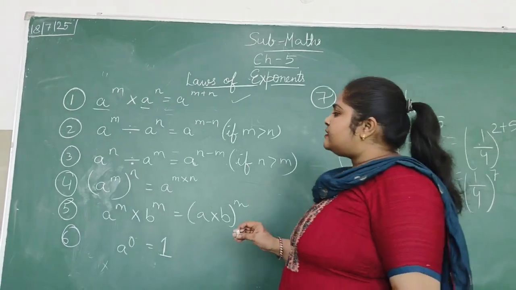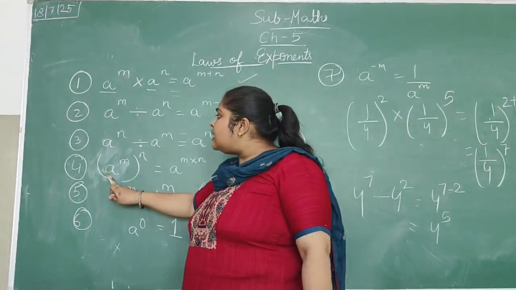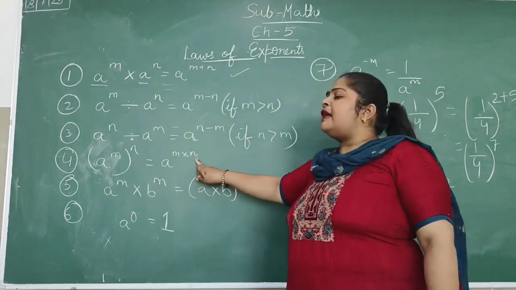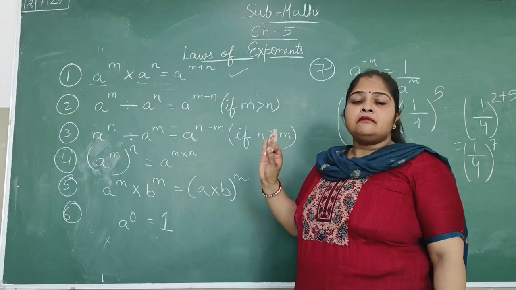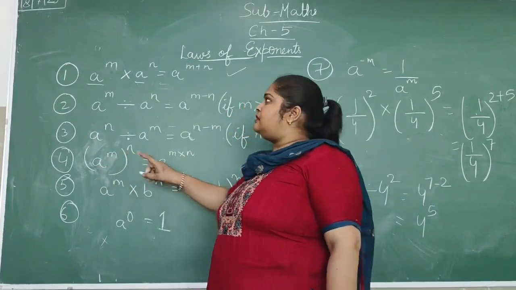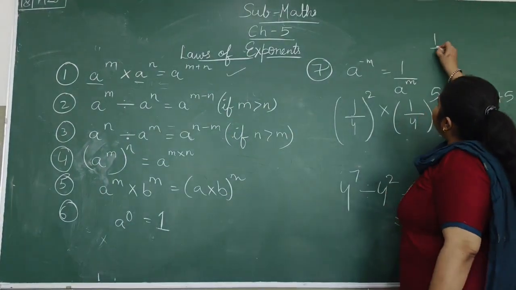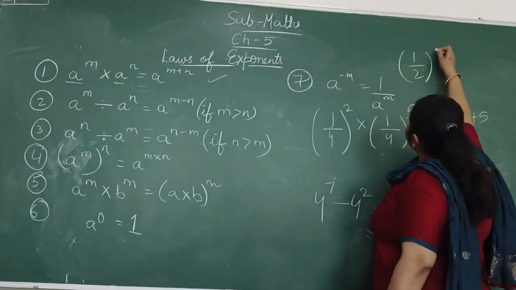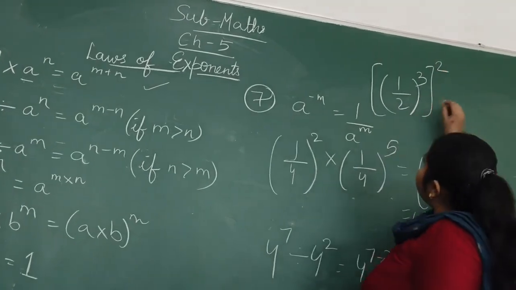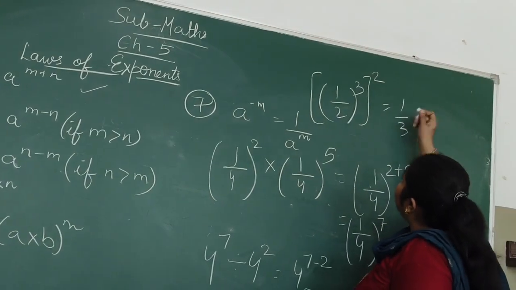Now the next law says that if a single number has two powers, simply multiply the powers, don't add, multiply. Say (1/2) to the power 3 and then the whole power 2. So what do children do?